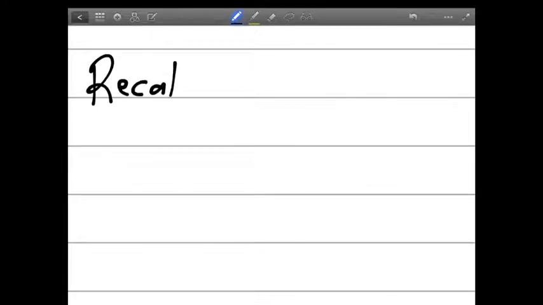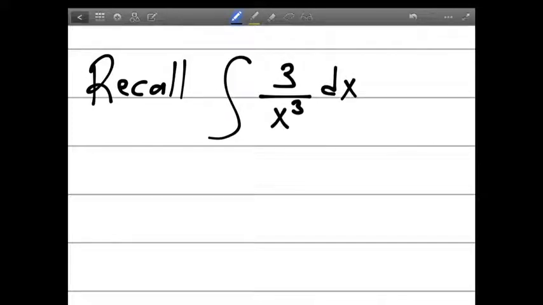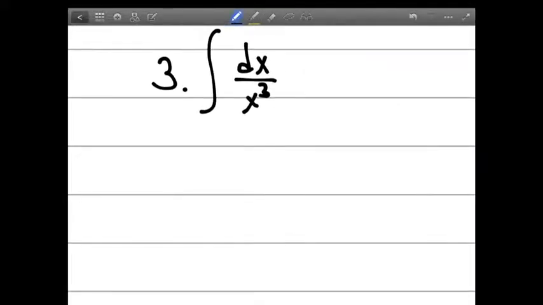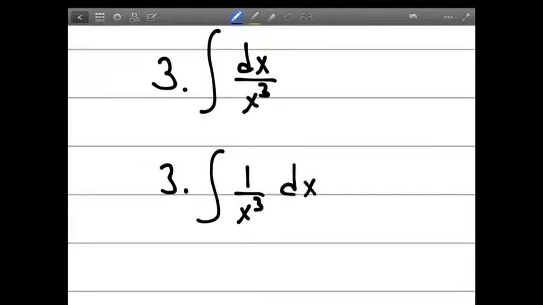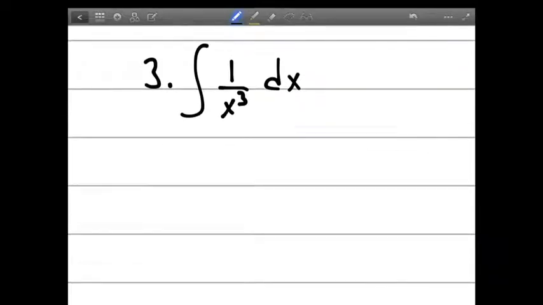Recall the integral, for example, of 3 over x cubed dx. As we did before, just put the constant in front of the integral. We have dx over x cubed. You can also write this term like 1 over x cubed dx, and the procedure is the same.